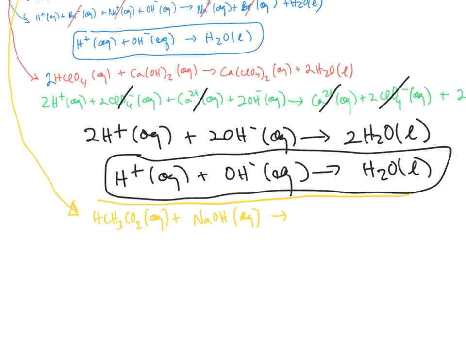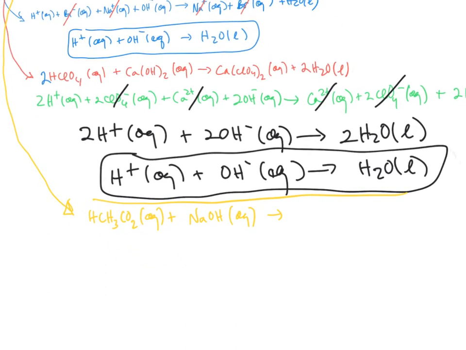And I'll give you the answer and then I'm going to draw a picture. So this hydrogen here comes off the acid in the form of H+ and combines with the OH-. So you're going to end up with acetate, CH3CO2- plus water.